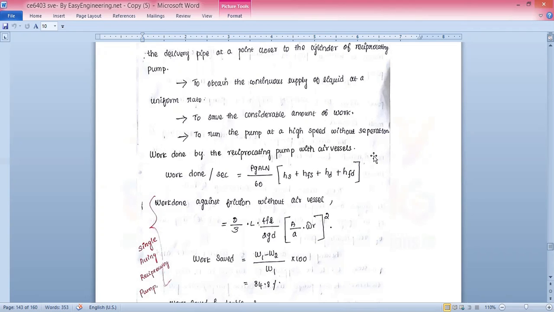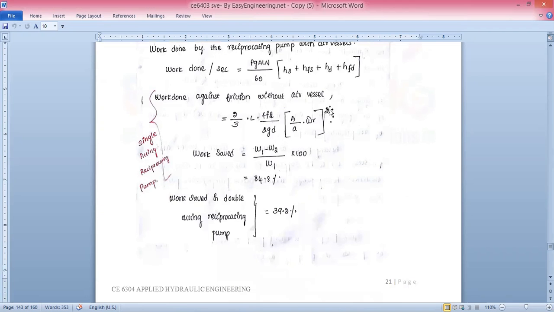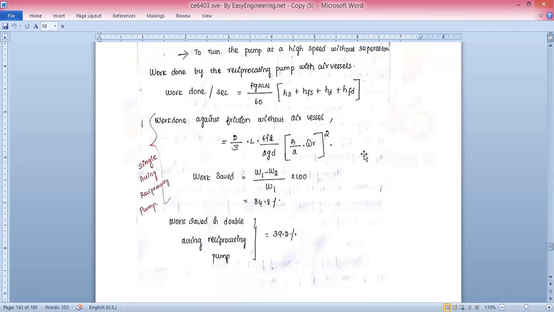Now further we have work done against friction without air vessel. We are assuming that inside the cylinder it is frictionless. Further, for the work done in a single acting reciprocating pump, we have the equation 2 by 3 into L upon 4fL upon 2gD into (A by a times omega r) whole square.